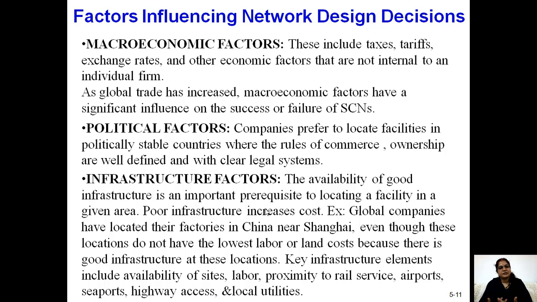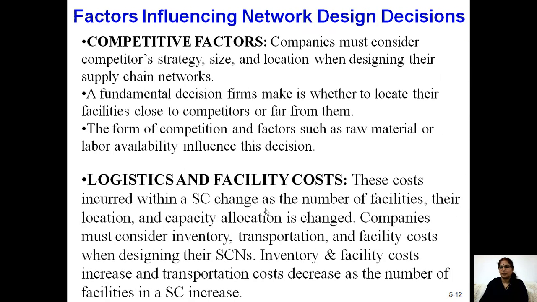Key elements to be considered here are availability of site, labor, proximity of rail service, airports, seaports, highway access, power, water availability, etc. For example, global companies have located their factories in China near Shanghai, even though these locations don't have the lowest labor or land costs, because rather than cost, availability is more important.